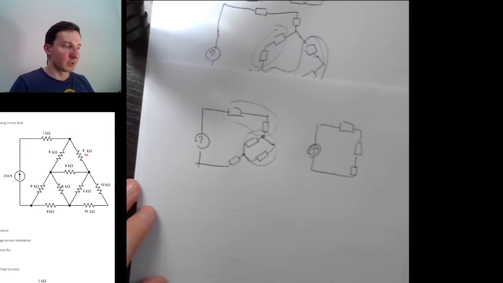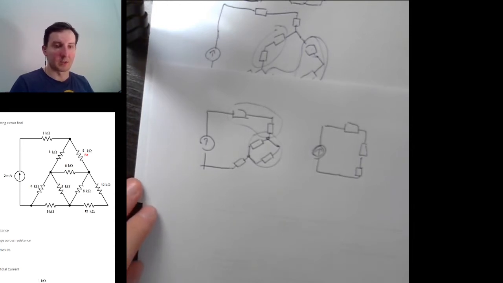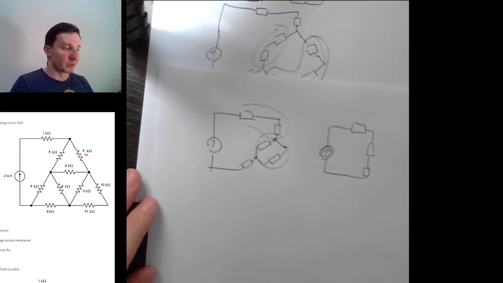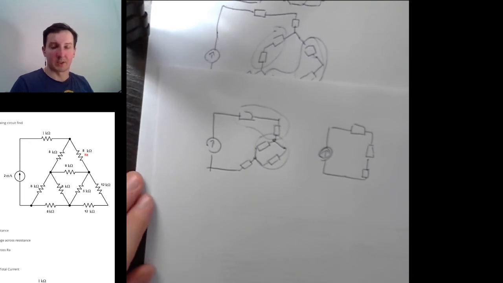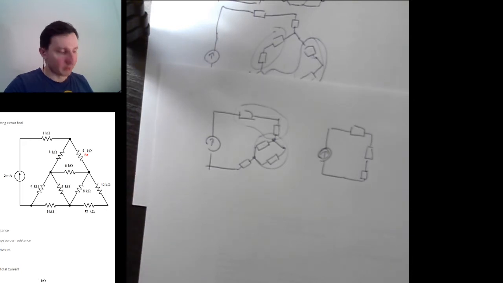So this is how we can calculate the total resistance. We have a given current, so we can easily calculate the voltage drop on this equivalent resistance. So this would be the solution to the first question, or both questions: what is the total resistance and the total voltage across the resistance?